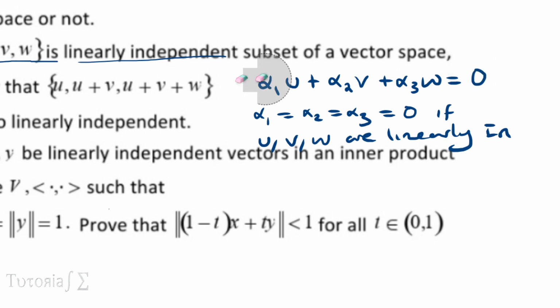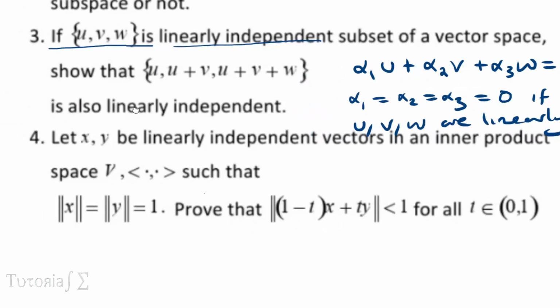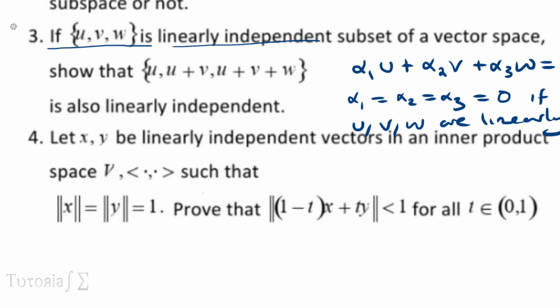So for this question, we have been told that these three vectors, u, v, and w, are linearly independent. Meaning that they have a linear combination and all the scalars are equal to 0.